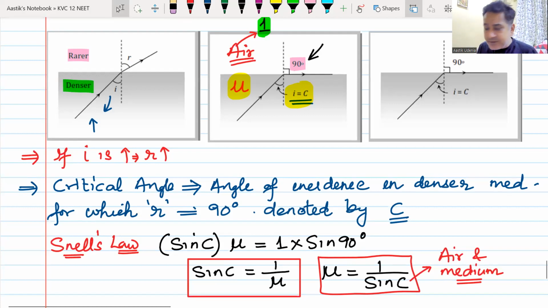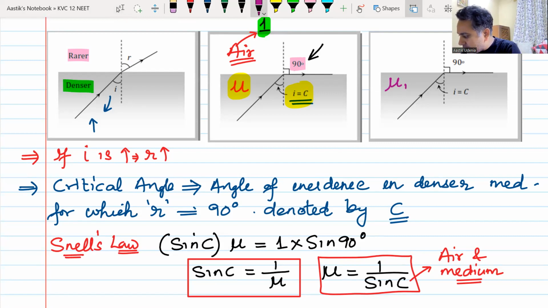Okay, now in some cases, instead of air being outside, the other medium could be a different medium. So now I would request you to look at the third diagram. Since this is a denser medium, I will call it mu D. The other medium is not air. Let me call it mu R. Remember, this critical angle depends on the two mediums that are there.